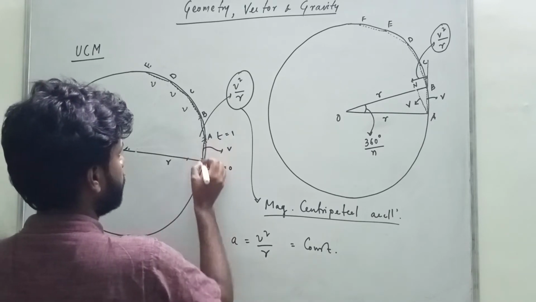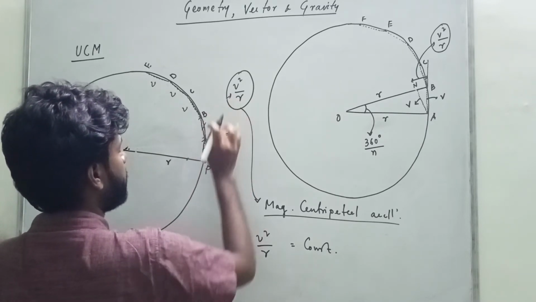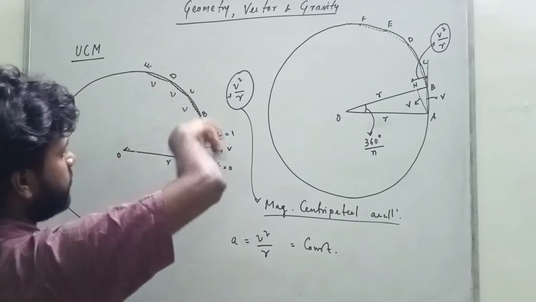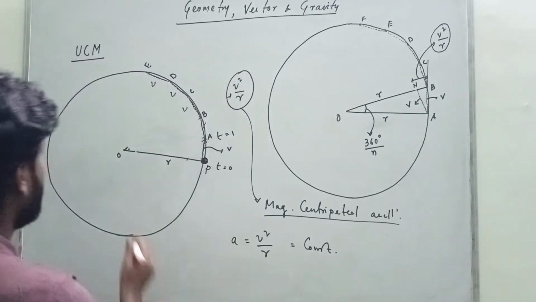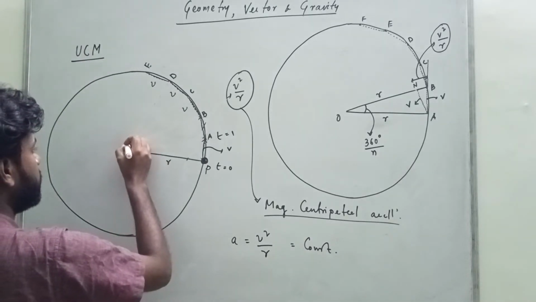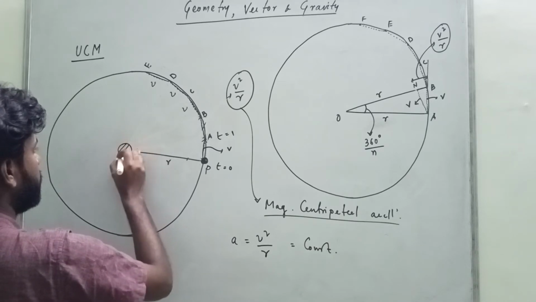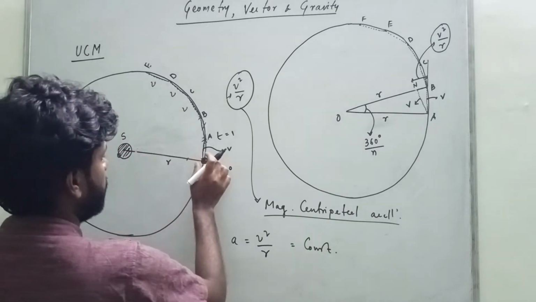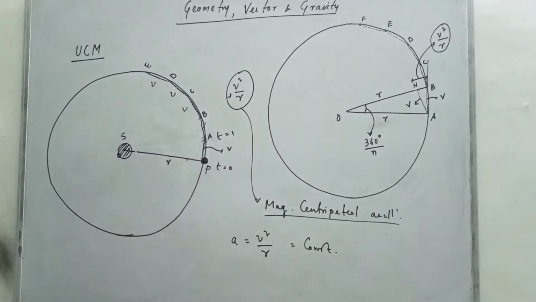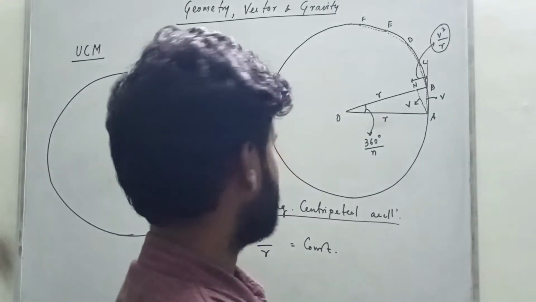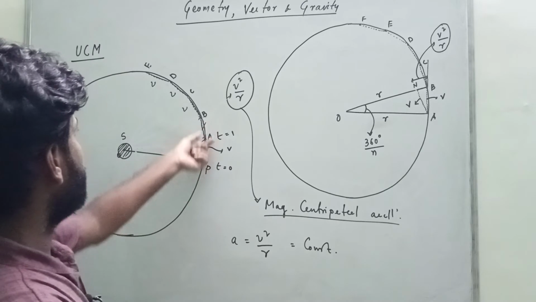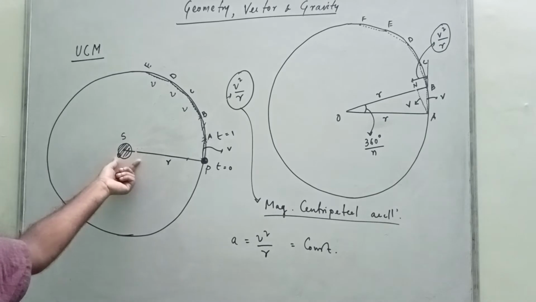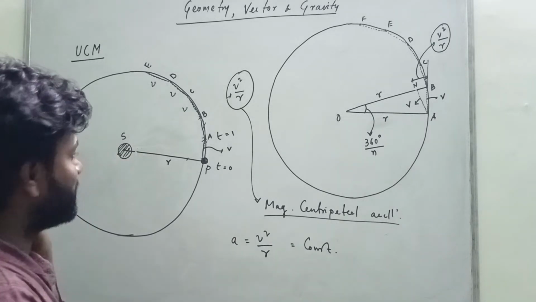It is a planet which travels in a circular orbit, and at the center here there is the sun, right? Instead of an object or a particle, it is a planet that just revolves in a circular orbit, and the center is the sun, right?